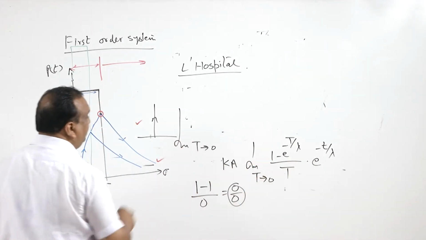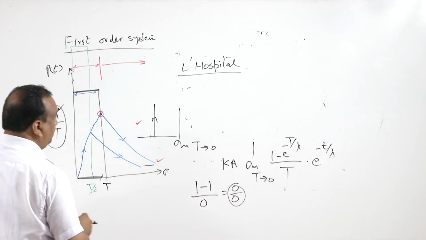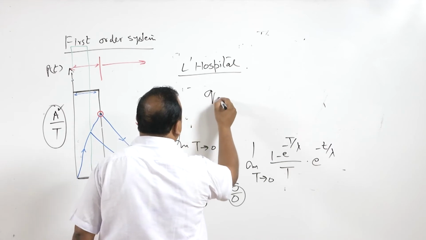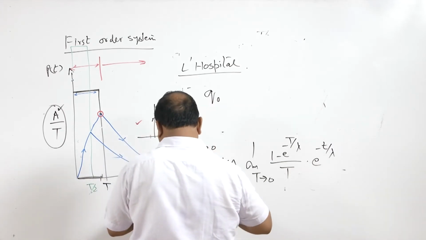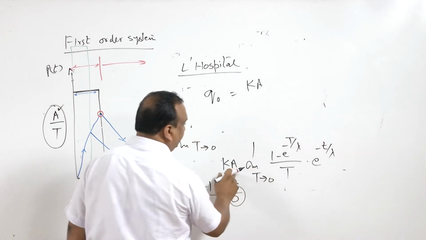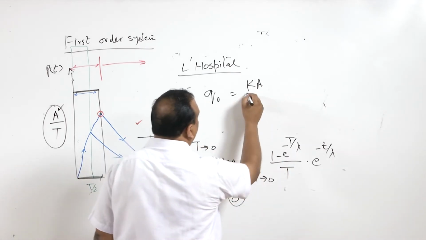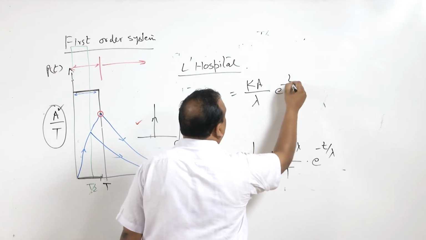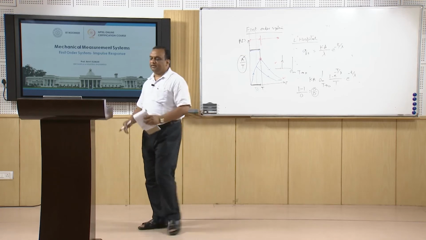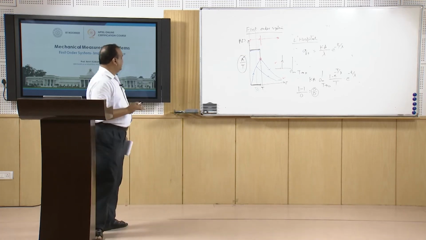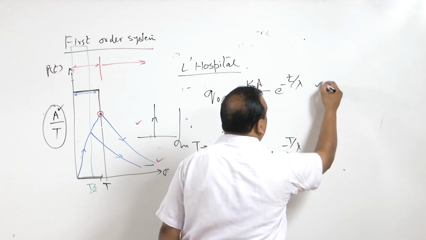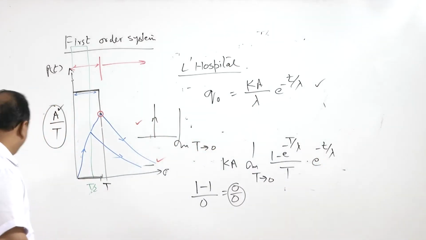So when we differentiate both and put the value in this equation, the final expression we are going to get is Qo is equal to Ka, Ka is here, and when we differentiate this we will get lambda e raised to power minus t by lambda. This is the final expression we are going to get here. So this is the exact solution.